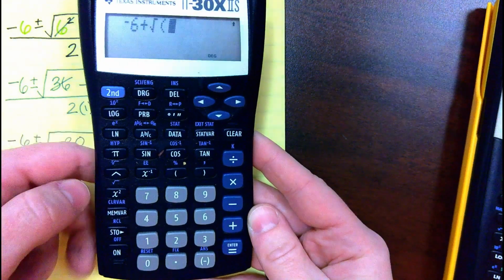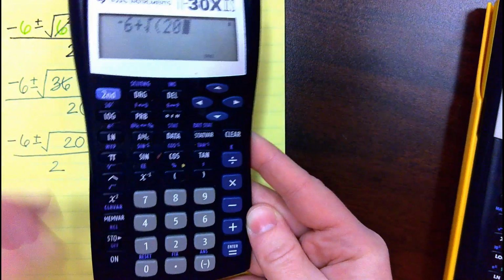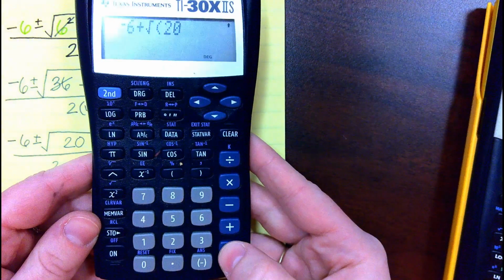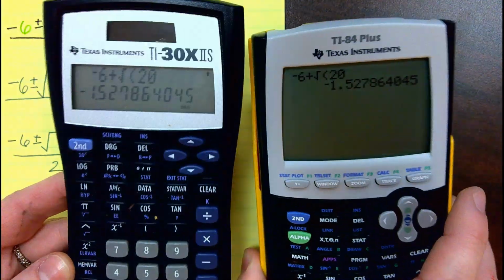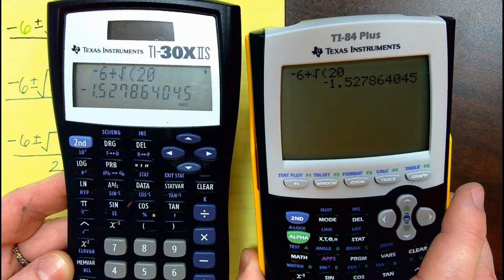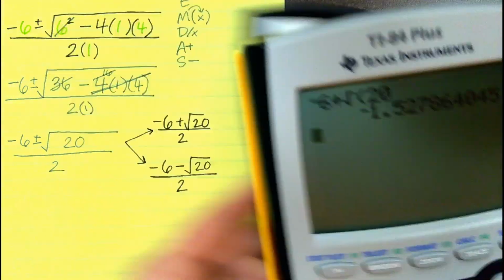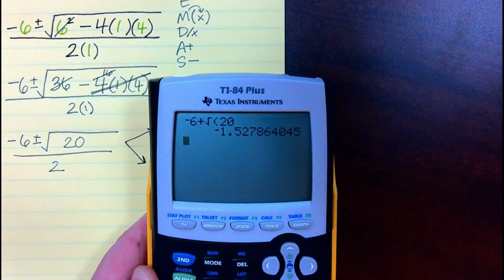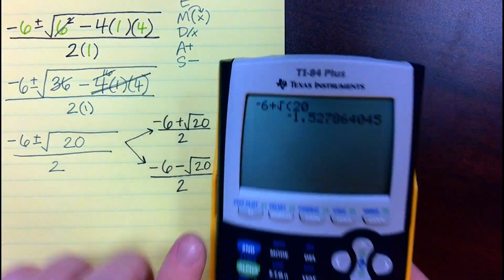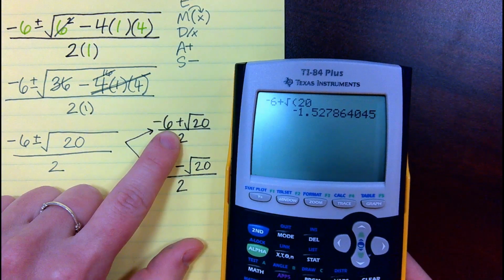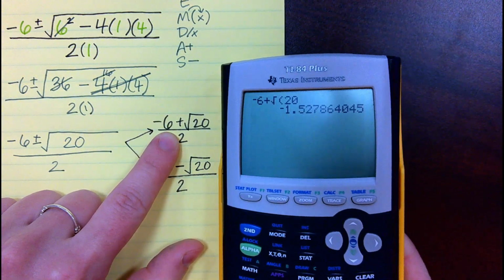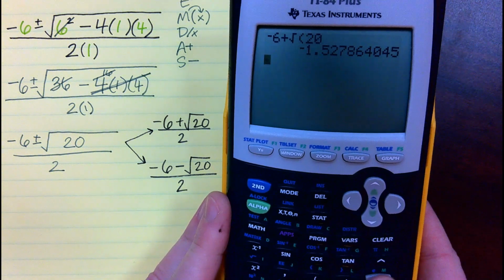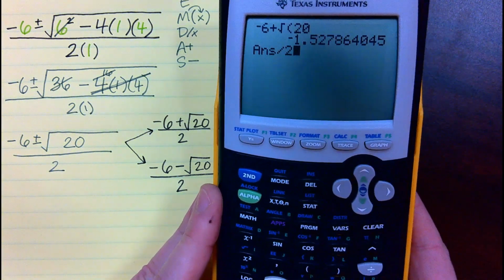There's the square root, and then I just type 20. And look at that. Enter. I got ding, ding, ding, the same answer. Okay, so while we still have this whole long decimal in our calculator, we still need to divide by 2, remember? So just divide by 2.